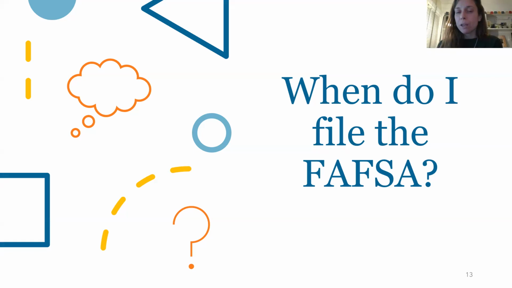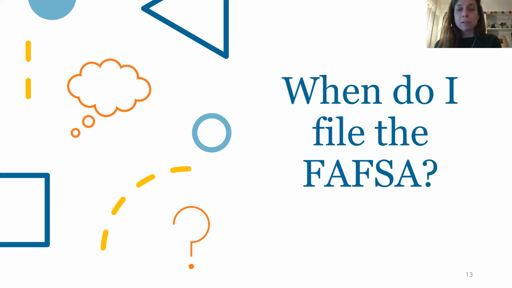Coming back to this year, the state of Missouri is still using a priority deadline of February 1st. It is possible to receive consideration for state aid after February 1st, but to be guaranteed consideration, February 1st is the date that you want to use. Many colleges also have their own institutional deadlines, and as best I can tell from the research I've done, there are not a lot of schools that have pushed back their institutional deadlines either.